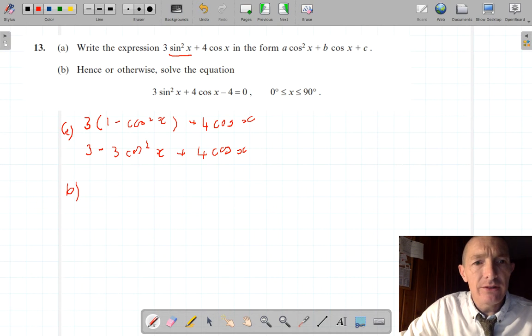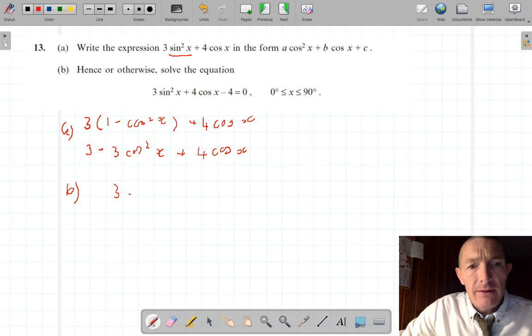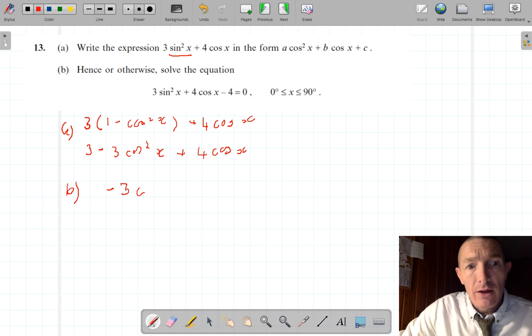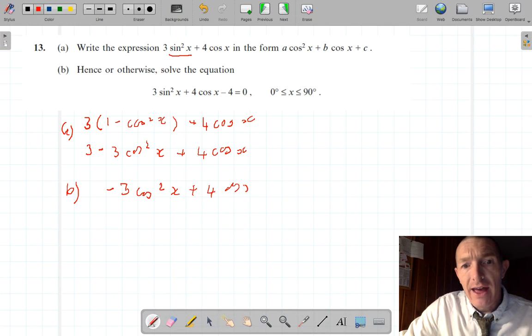That's what hence usually means. And I've got to take away 4. So when I do this, actually let me start this one again, because I'm going to start off with minus 3 cos squared x plus 4 cos x.